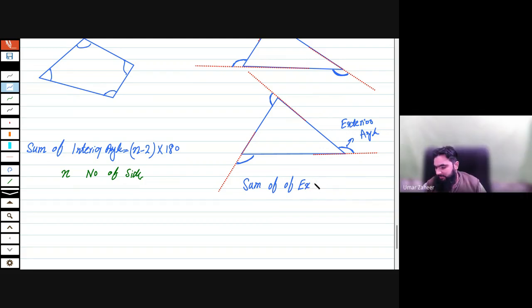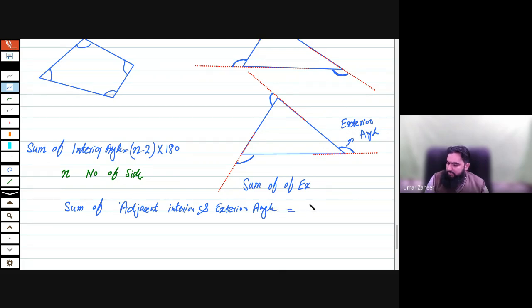Sum of adjacent interior and exterior angle will be equal to 180 degrees, because if you look carefully, that makes a straight line.